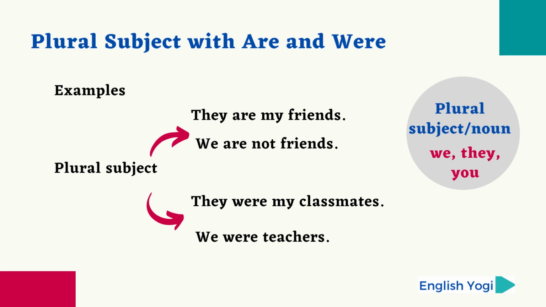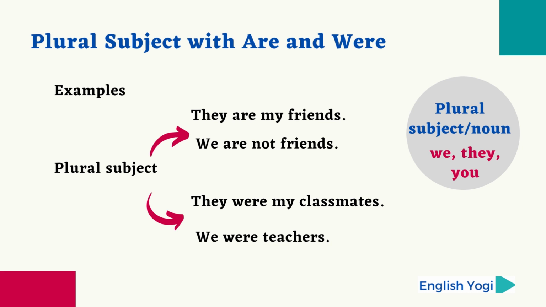Similarly, they were my classmates. So this example has a plural subject with the plural to be form of the past. So what is the to be form in the sentence? Were, and that is from the past, and were is a plural form of to be. The second example is: we were teachers. So these are also examples of plural subject and plural noun.